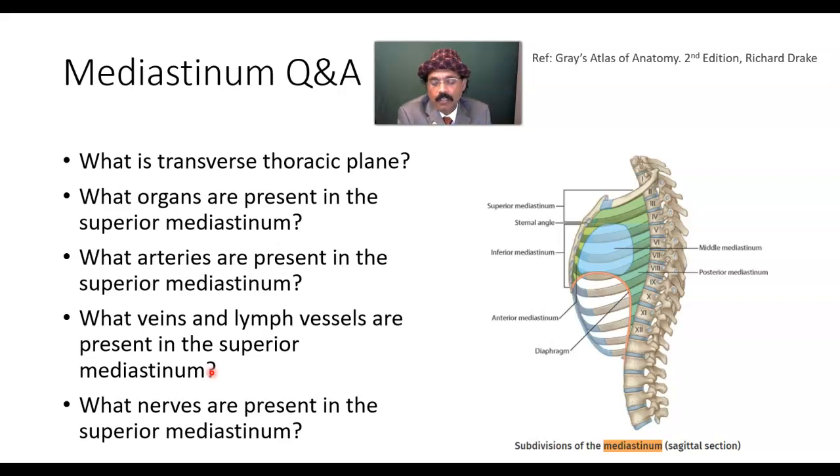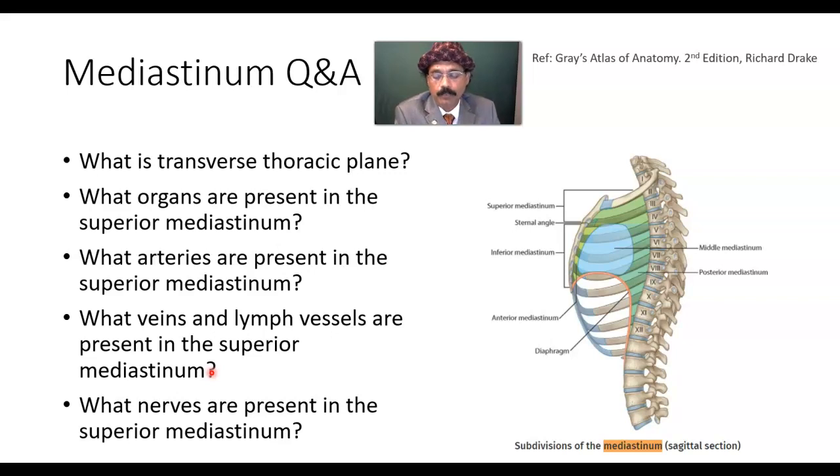Okay, and our lymph vessel in the superior mediastinum is the thoracic duct. Thoracic duct ultimately opens at the junction between the left internal jugular vein and left subclavian vein. Okay, we got that.